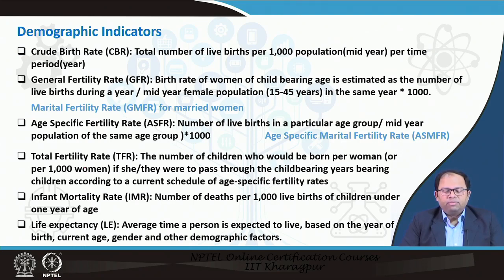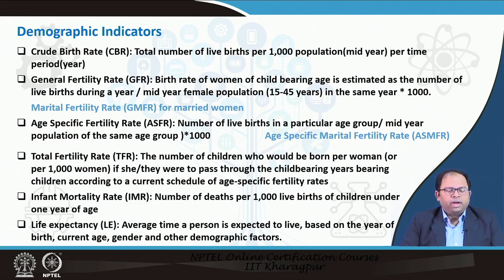So again, the number of live births in each age group is considered, and we also consider the mid-year population of the same age group, because the population may fluctuate during the entire year, and again we multiply by 1,000. And similarly, we can also have age specific marital fertility rate, which means that we only consider this for married women.